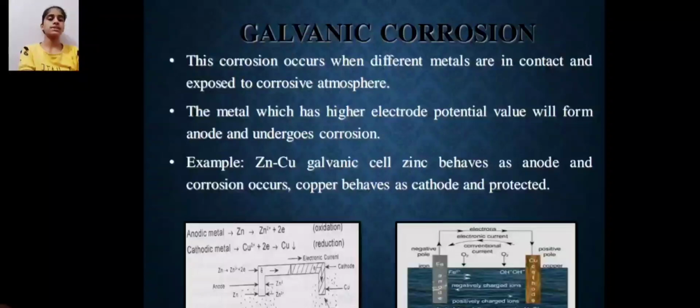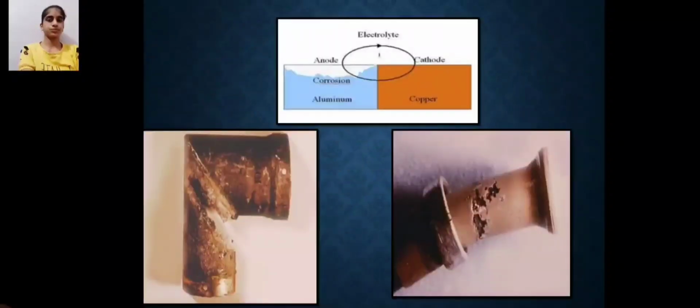The metal which has higher electrode potential value will form the anode and undergoes corrosion. For example, in a Zn-Cu galvanic cell, zinc behaves as the anode and the corrosion occurs. Copper behaves as the cathode and it is protected. And this is an example.